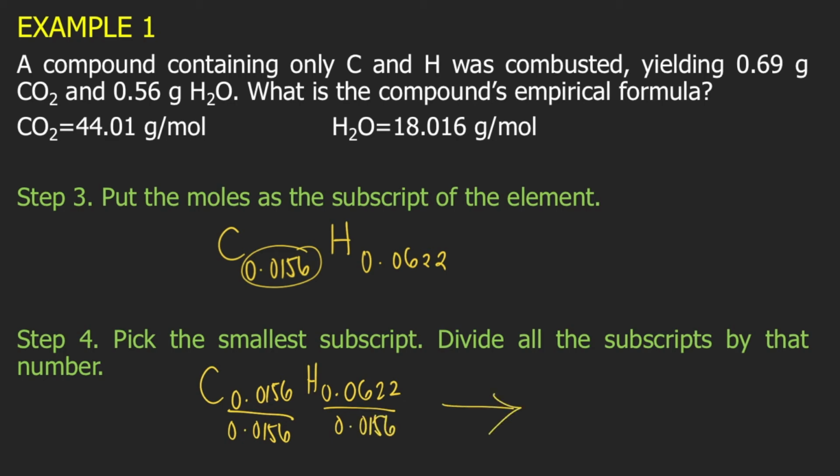So 0.0156 divided by 0.0156, that's obviously 1. So C subscript 1. 0.0622 divided by 0.0156, that's approximately equal to 4.